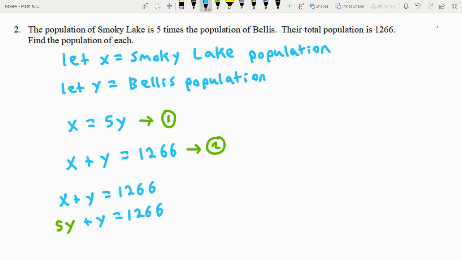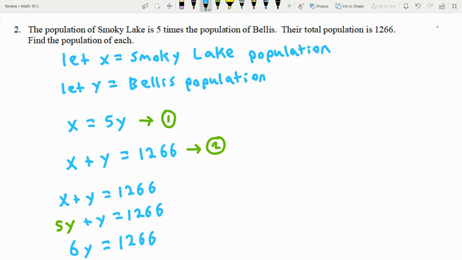And again, x equals 5y from equation 1. That's why I'm able to put in 5y as my value of x for equation 2. Now from here, I would add up my like terms. So 5y plus y would be 6y, and that equals 1,266.